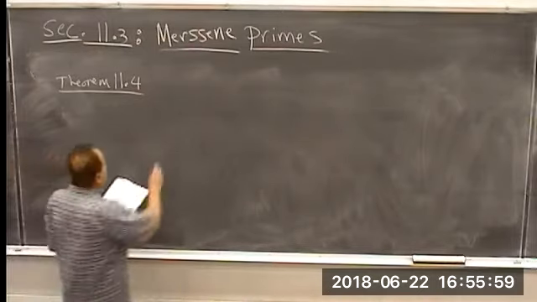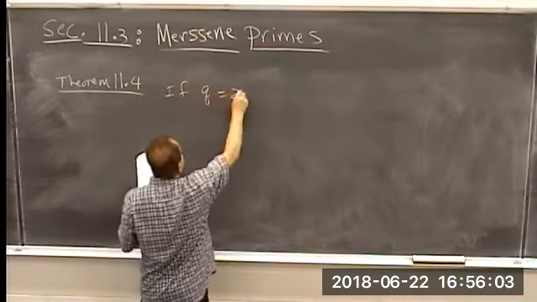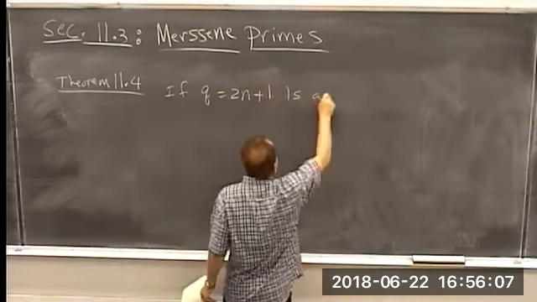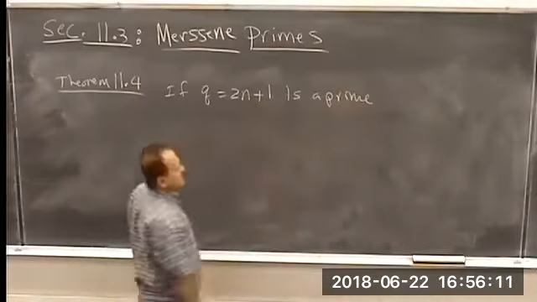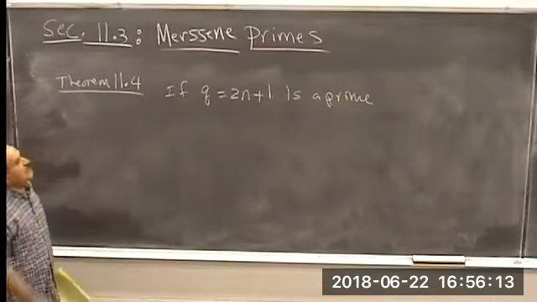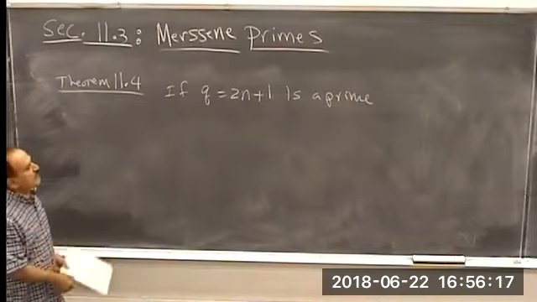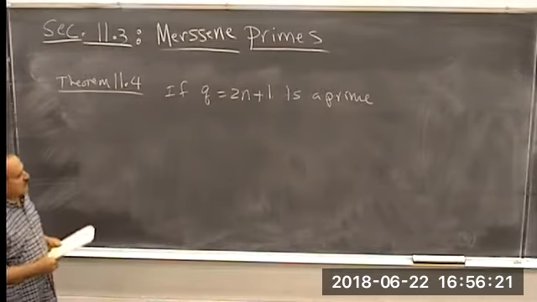So it says this: if Q is a prime, and the exponent N does not need to be a prime. Of course, when it is a prime, then this becomes exactly the type of number mentioned in the previous theorem.